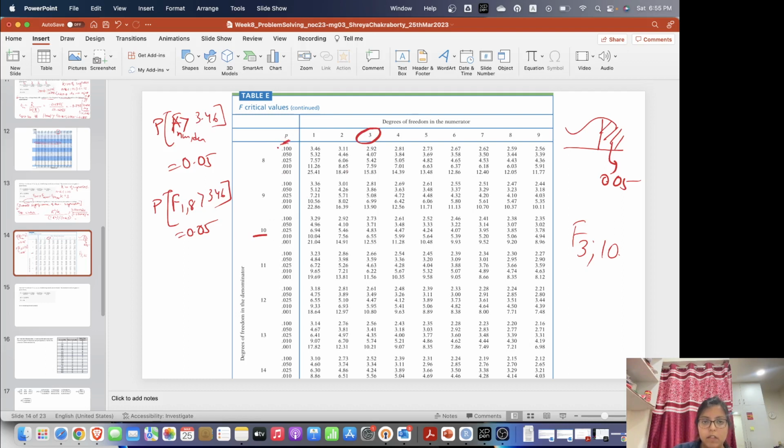These are the probabilities. Okay, so here I made a mistake. This probability is 0.1 because it corresponds to this row.